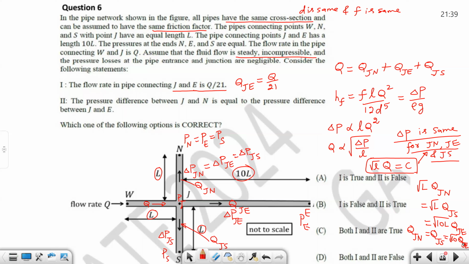Now you can substitute. Q is equal to, we want QJE: QJN is root 10 QJE, plus QJE, plus QJS, which is root 10 QJE.